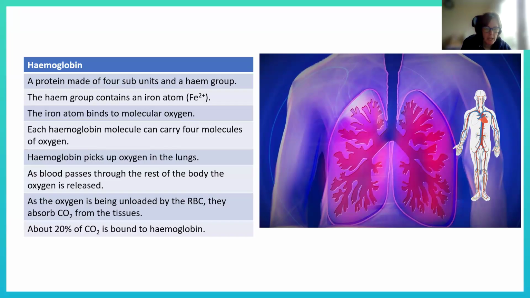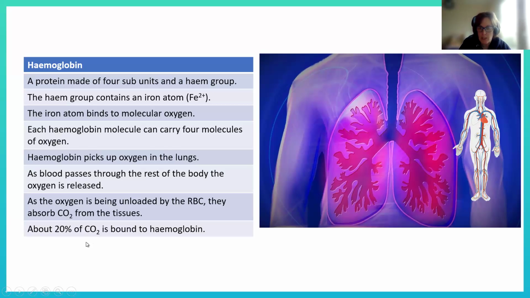Some of it, 20%, is carried on the hemoglobin, because otherwise it would affect our ability to carry oxygen, and we don't want that competition or we'll die. That's actually how carbon monoxide kills you. Carbon monoxide is CO, whereas carbon dioxide is CO2, so if you've just got one oxygen, it's carbon monoxide.